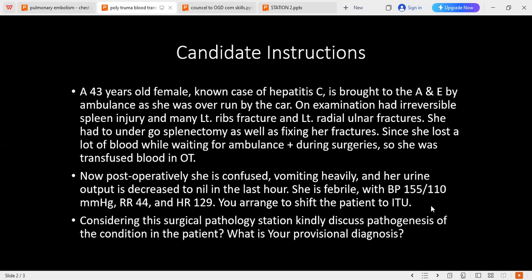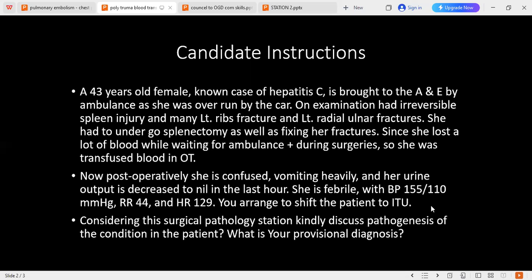Please tell me what is the criteria to move the patient to ICU? If the patient has multi-organ failure, more than 2, and the patient needs one-to-one care.